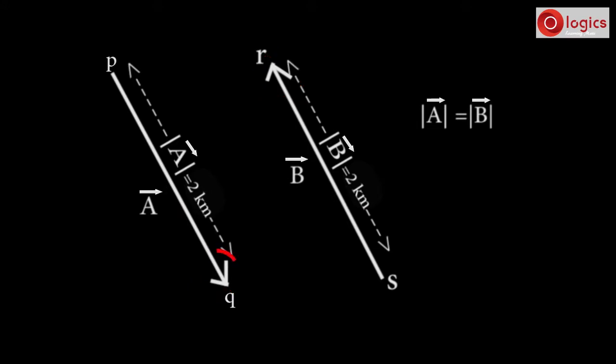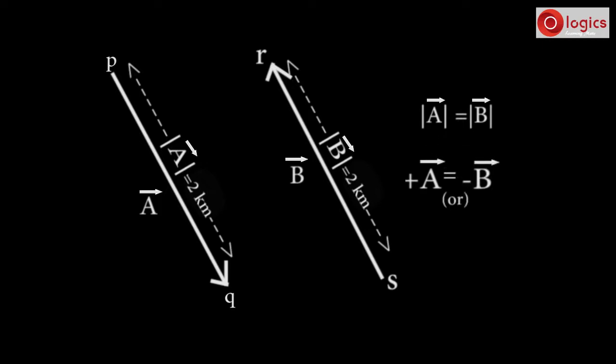If this direction is positive, then it becomes positive vector. And if this direction becomes negative, then it becomes negative vector, which is A bar equals to minus B bar.